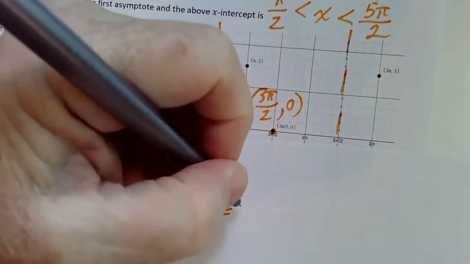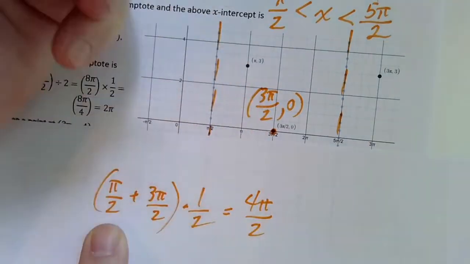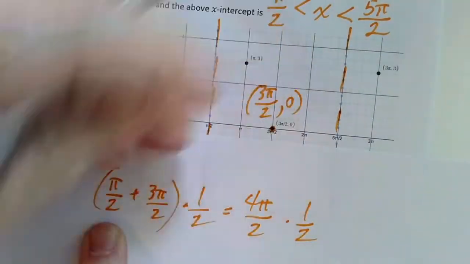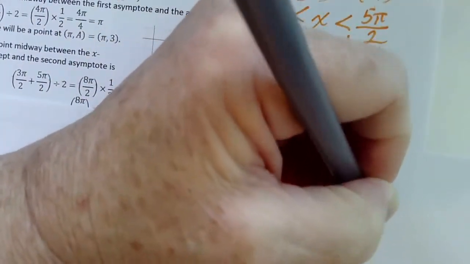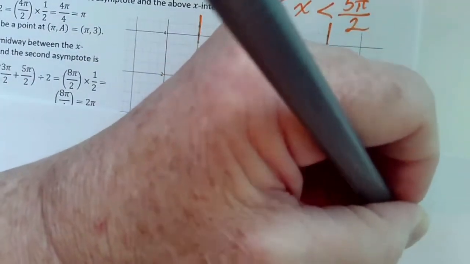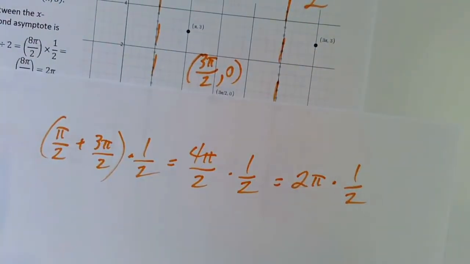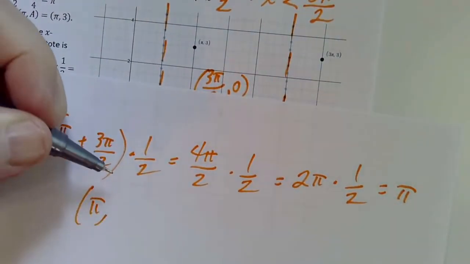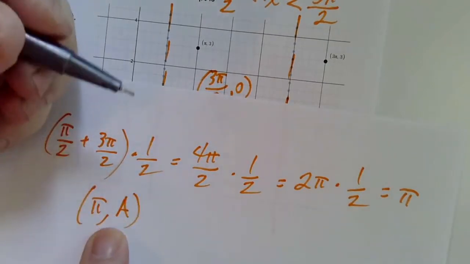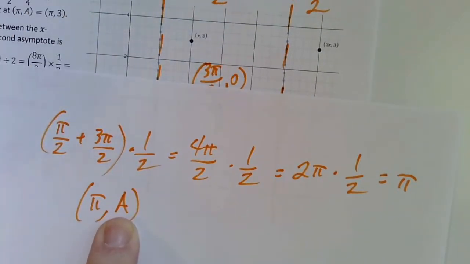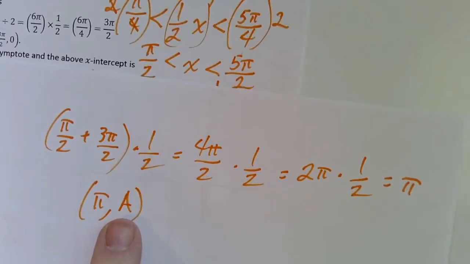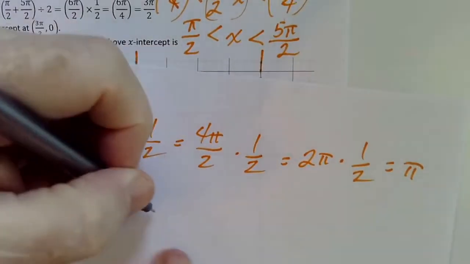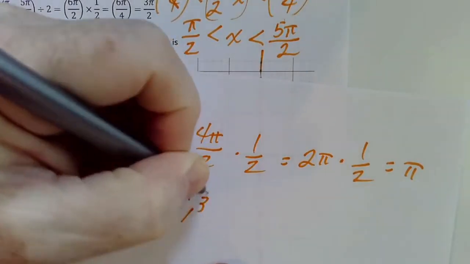So here we get 4 pi over 2, still times 1/2. 4 pi divided by 2 is 2 pi. We're still multiplying by 1/2, and 2 pi divided by 2 is pi. So that means at pi, we'll have a y-coordinate of a. And a for us was 3. So we'll have the point pi comma 3.